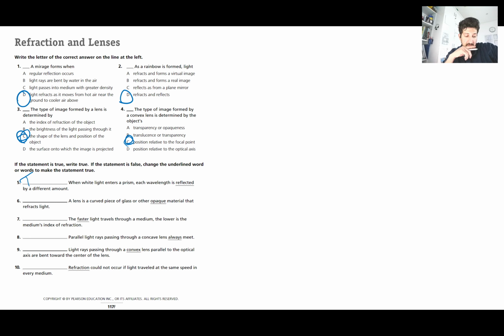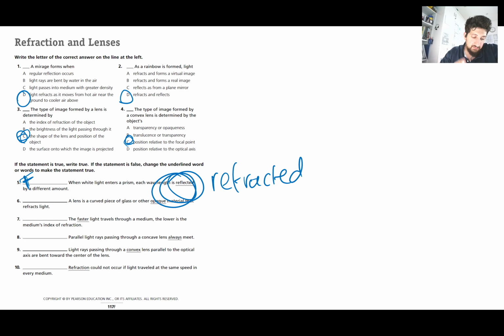Reflected? Wait. False. It's going to be refracted by different amounts.